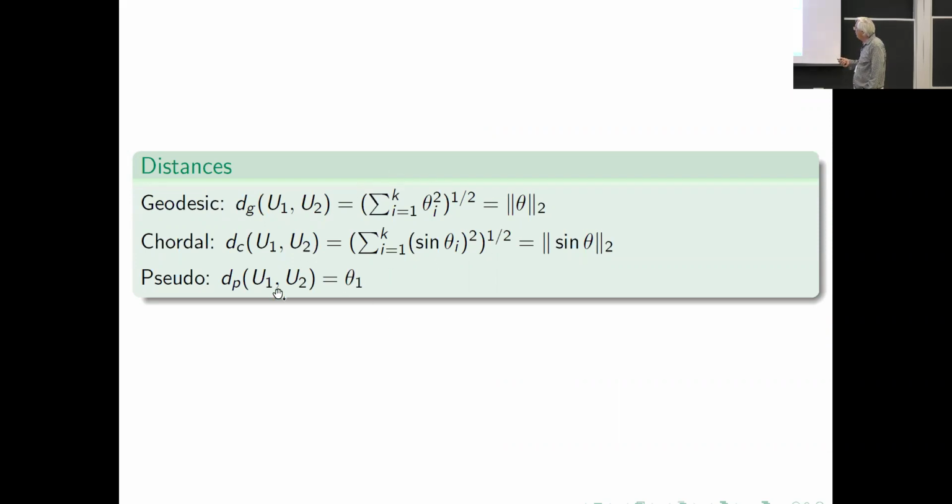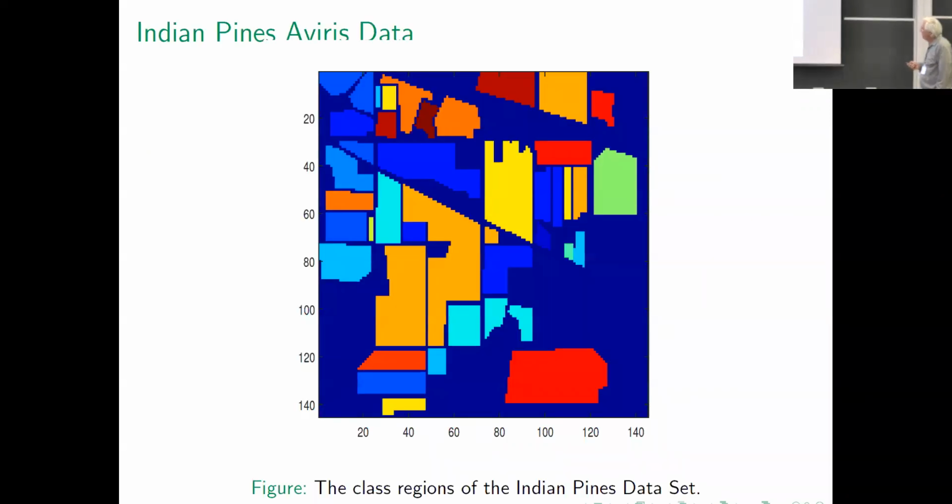We use the chordal distance. You can embed the Grassmannian isometrically in Euclidean space using chordal distance, as a result with Conway and Sloane. We've also found this distance here, the pseudometric, just the smallest angle between two subspaces, to be very useful at high dimensions. So this is the Indian Pines data set.